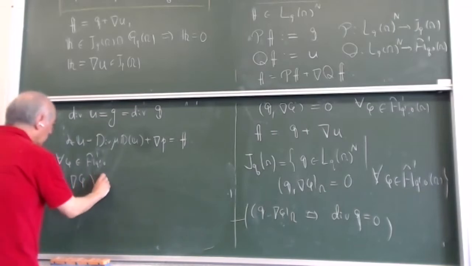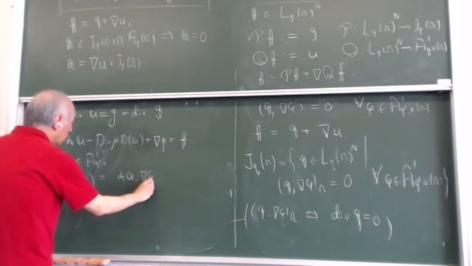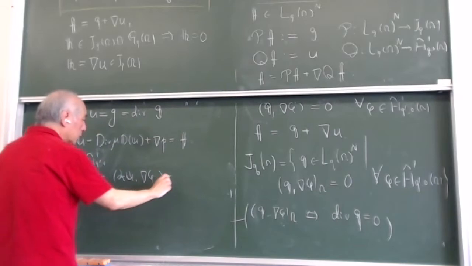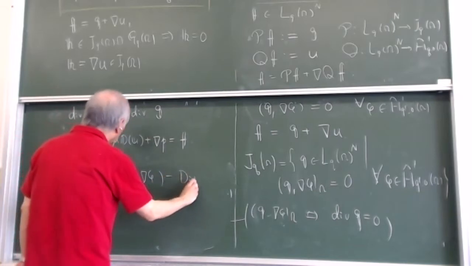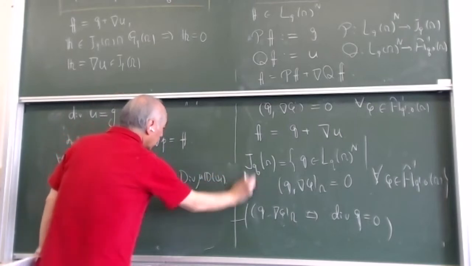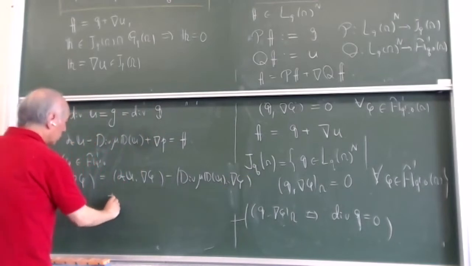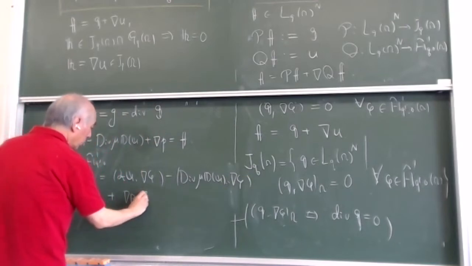This is equal to d_t u phi minus Delta u phi plus the gradient of p times phi.